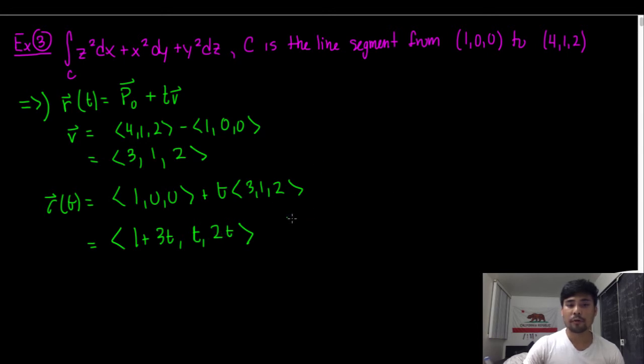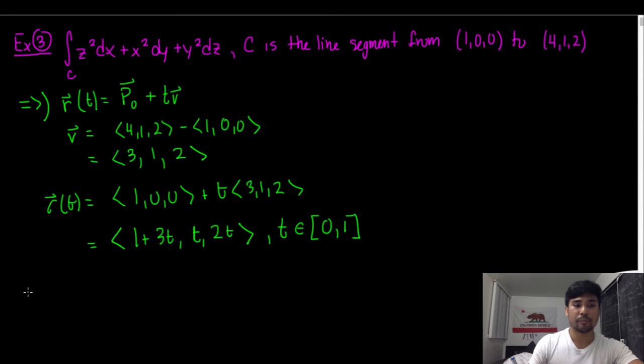So now if we want to represent this vector equation going from the point 1, 0, 0 to 4, 1, 2, I suppose t needs to range from 0 to 1, because when t is 0, we get the point 1, 0, 0, and when t equals 1, we get the point 4, 1, 2.